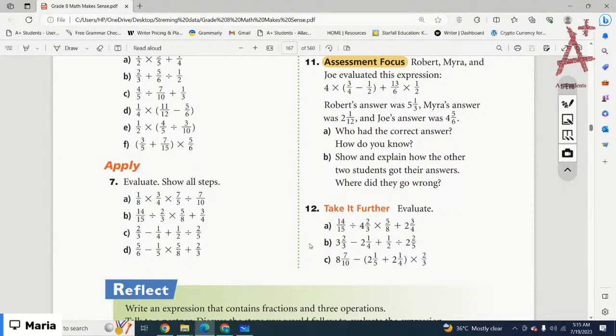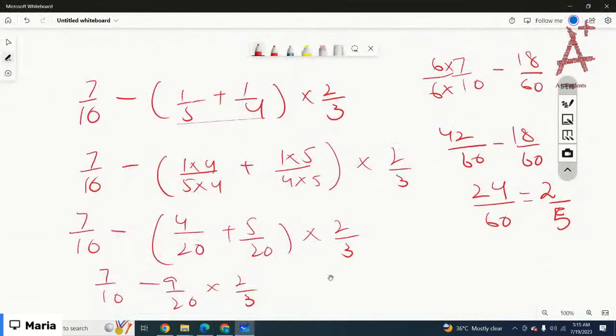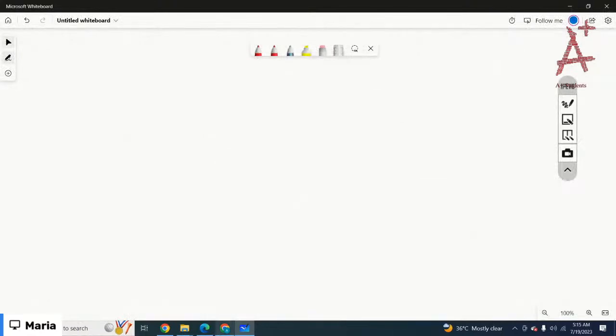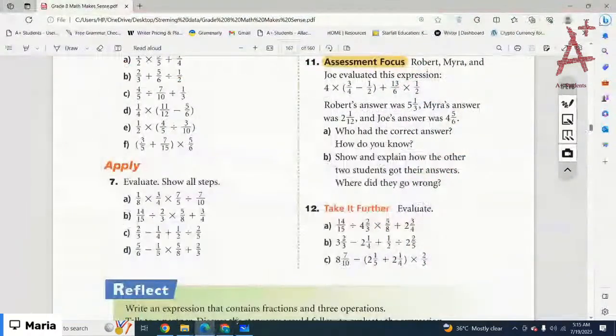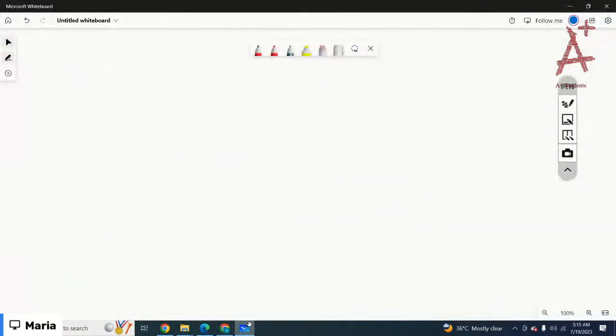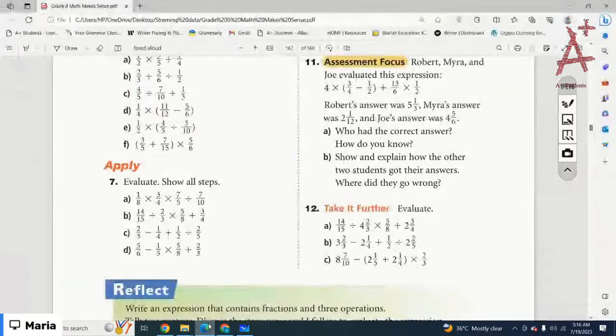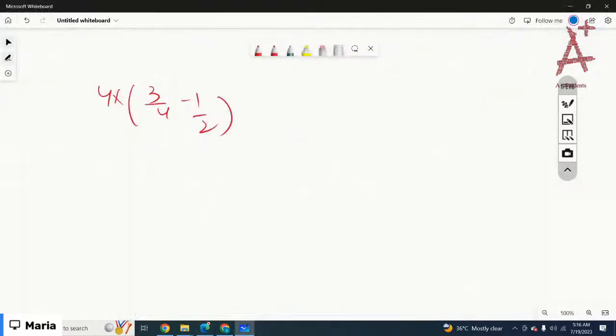Okay, let's just solve. First, I'm going to solve 4 times (3 over 4 minus 1 over 2) plus 13 over 6 times 1 over 2.